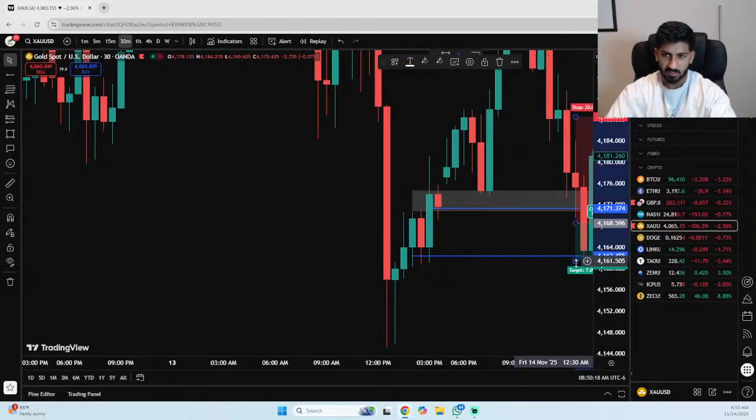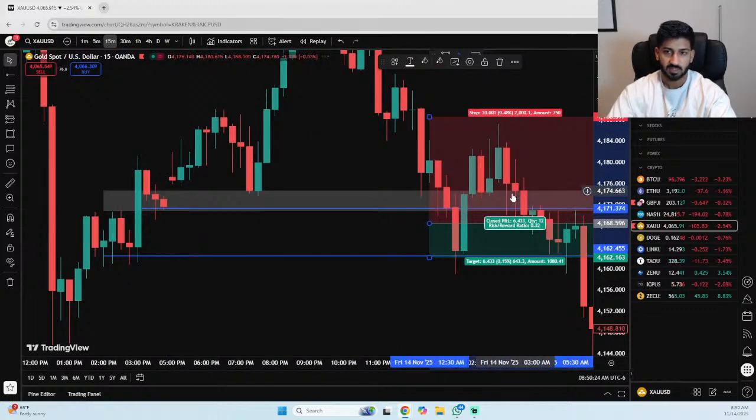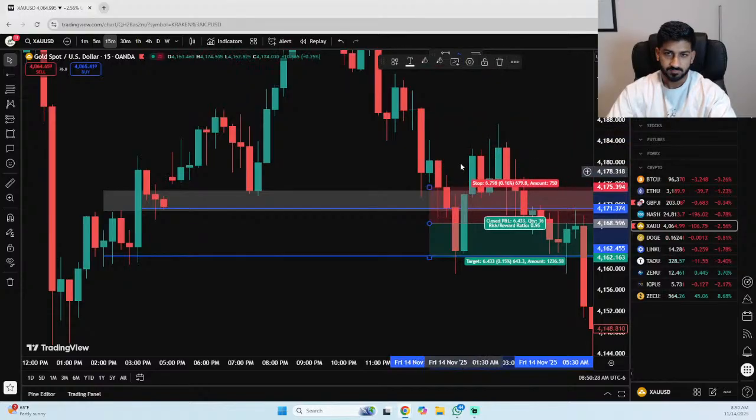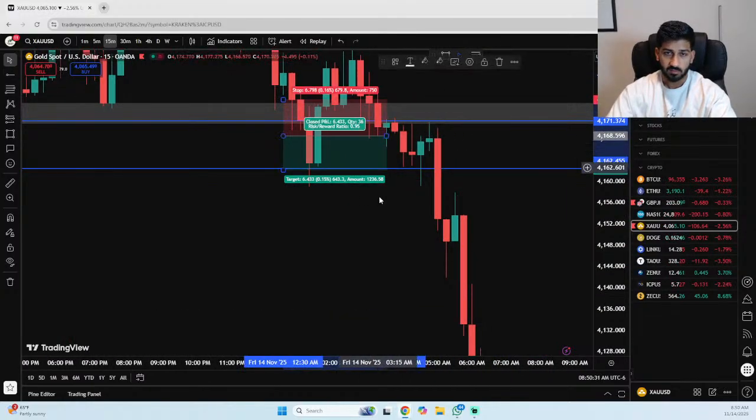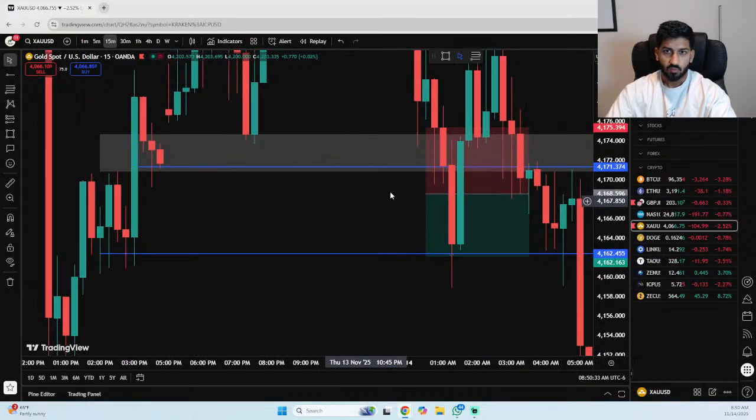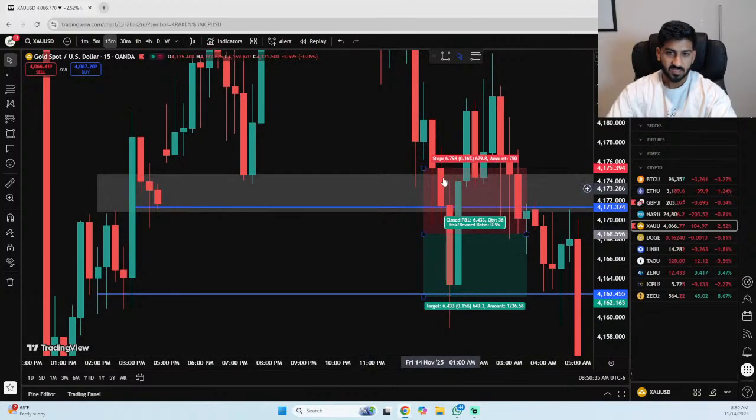That would be the sell idea, and the stop loss would be above the 15-minute candle. Live, when I was doing this, this 15-minute candle had formed at that time. Once it wicked up, that was your stop loss.